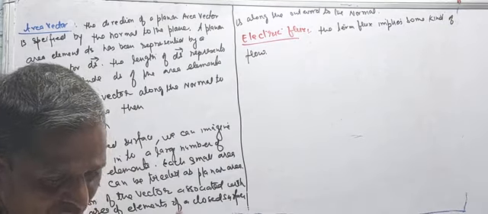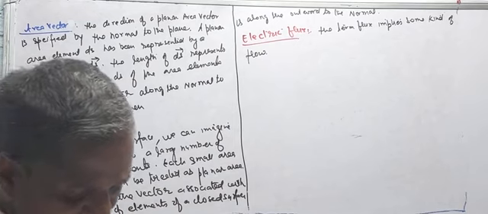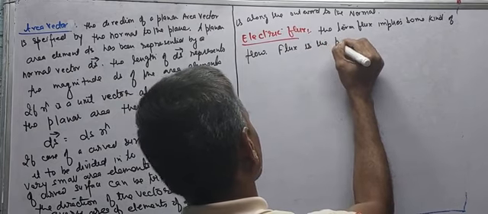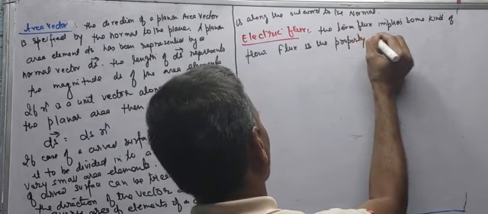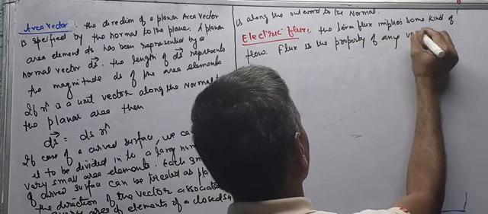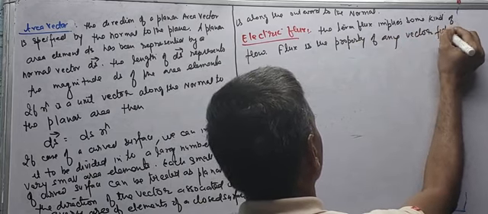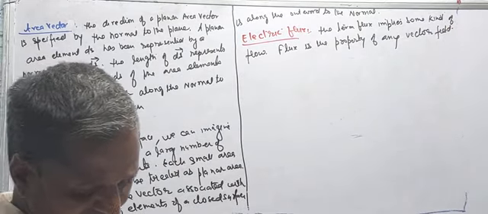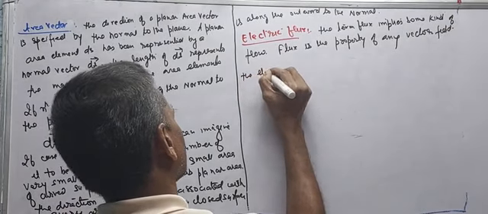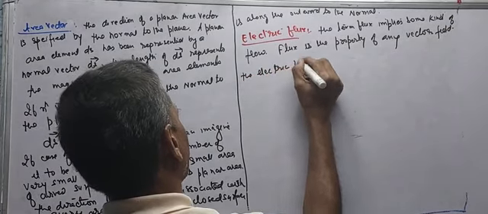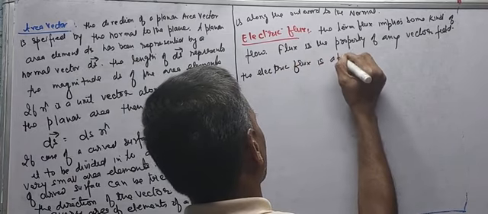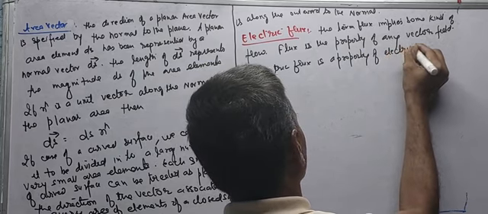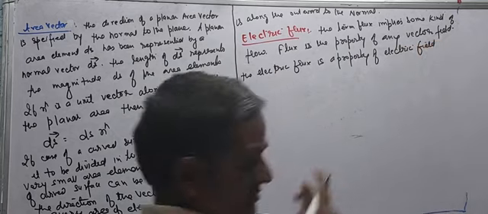Flux is the property of any vector field. The electric flux is a property of the electric field.